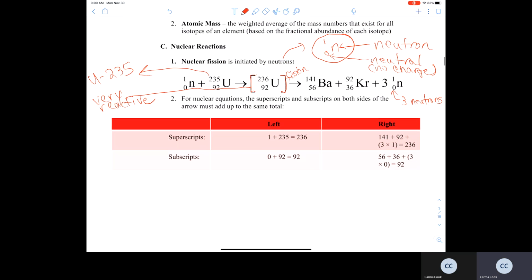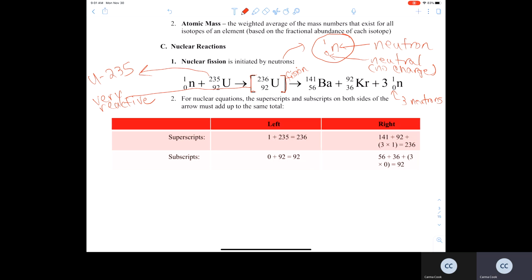And so now those 3 neutrons that are product of the fission of uranium-235, those neutrons can go on and therefore bombard and hit the nuclei of other uranium-235 atoms. And therefore, the nuclear fission reactions will keep going on and on, because every nuclear fission reaction produces more neutrons, and those neutrons can go on and bombard other radioactive nuclei and produce more fission reactions.